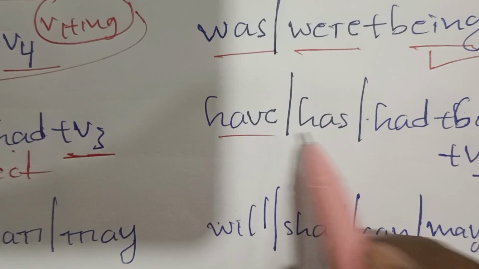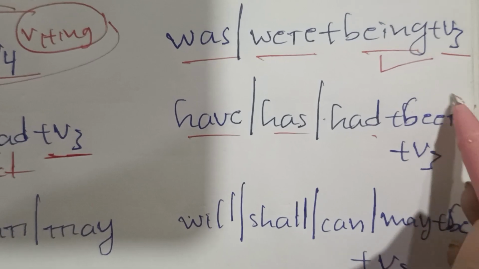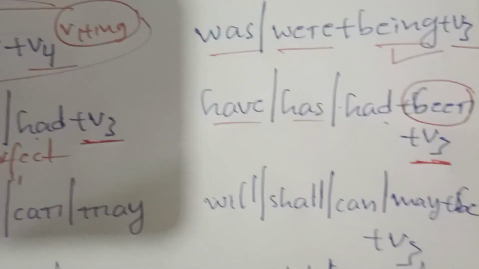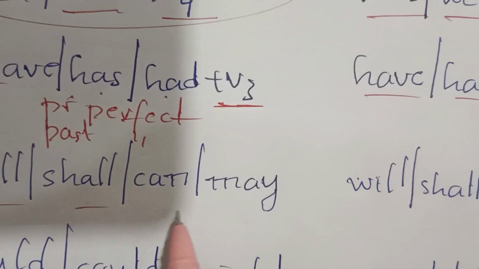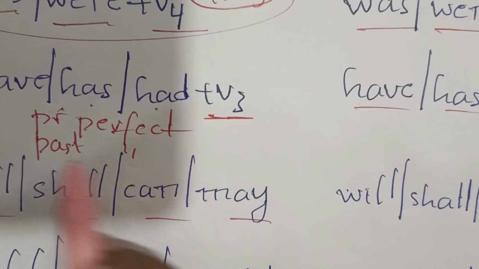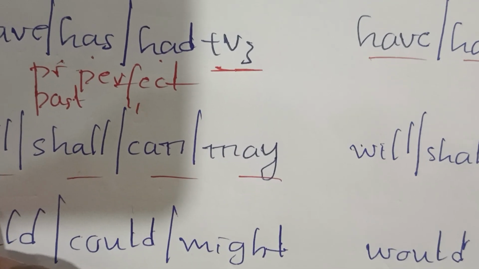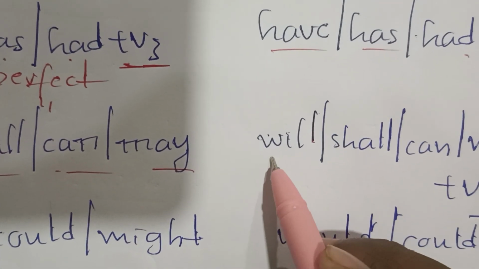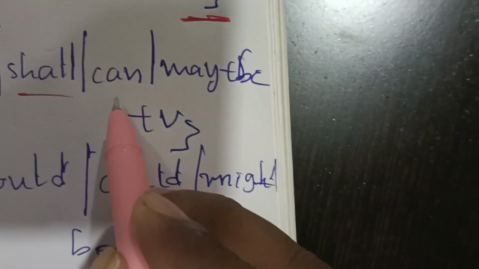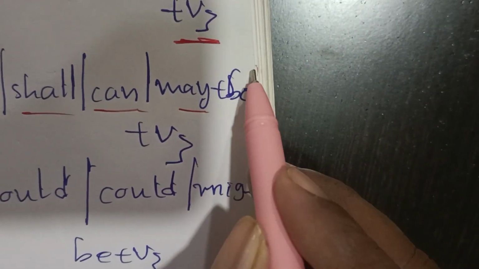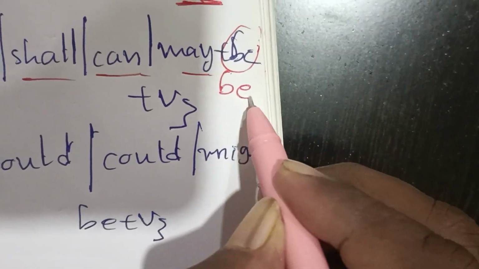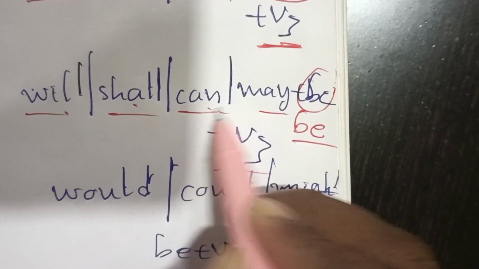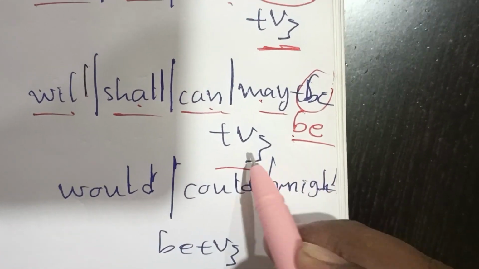Additionally, the same helping verbs we have to use, plus been. Finally, verb 3 is compulsory. Then will, shall, can, may, such verbs refer to the future. We can use the same helping verbs will, shall, can, may. Additionally, we will use be. Okay, na? Will, shall, can, may plus be plus verb 3.